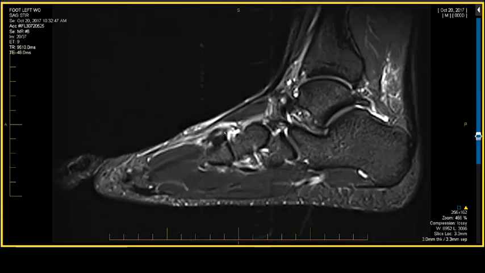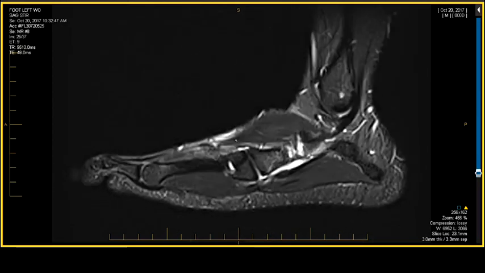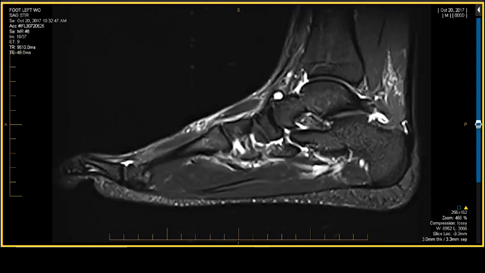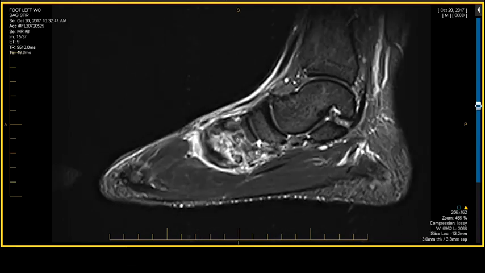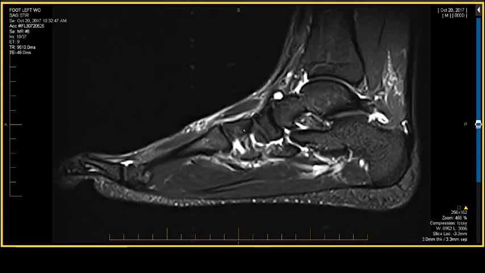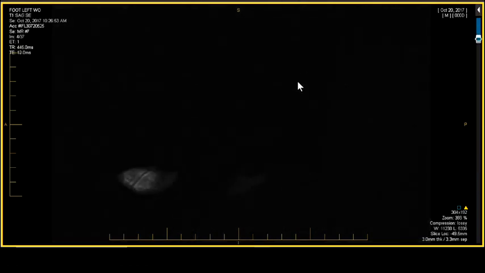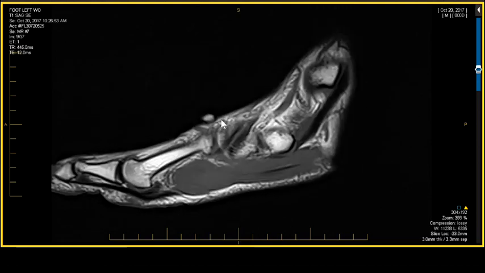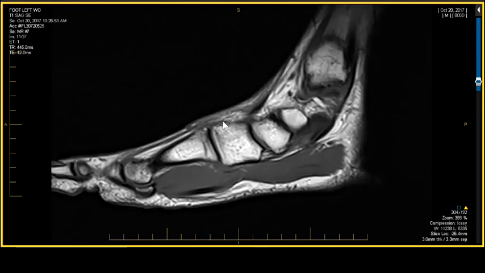There is some swelling in the midfoot, but not as much as in the prior case. He's a big boy. Got a big foot. Let's check out the T1. There's the marker right over the first TMT.